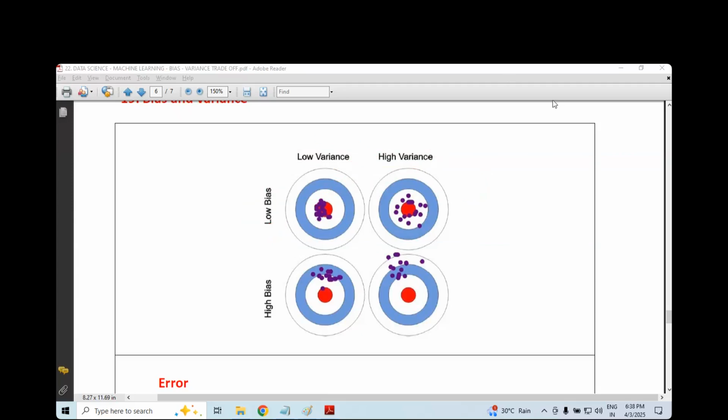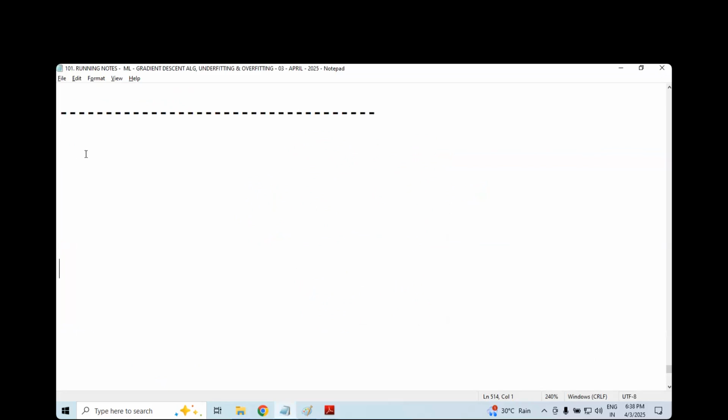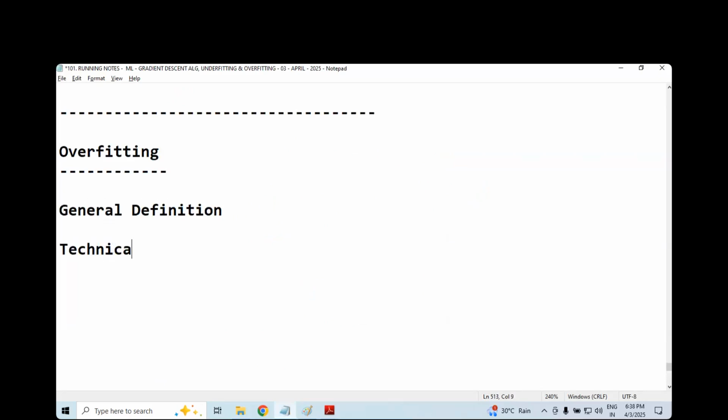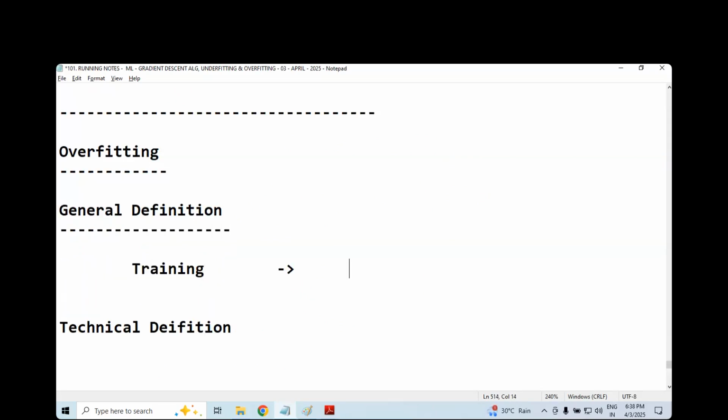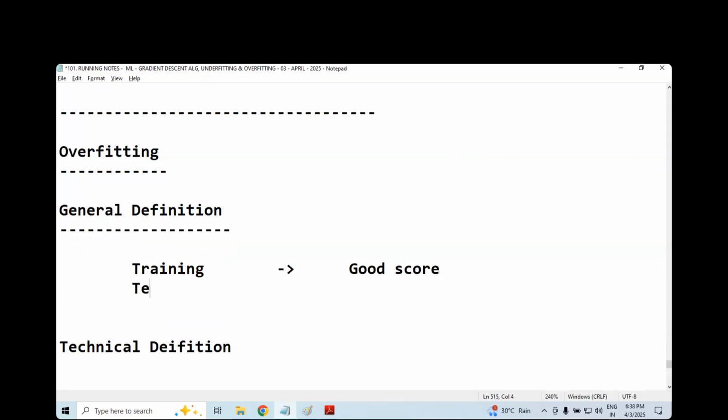Can I give one small definition? Overfitting. General definition, just for your better understanding: during training, good score; during testing, less score.